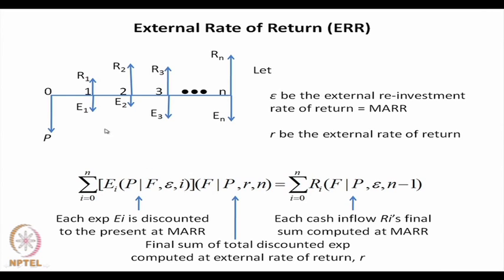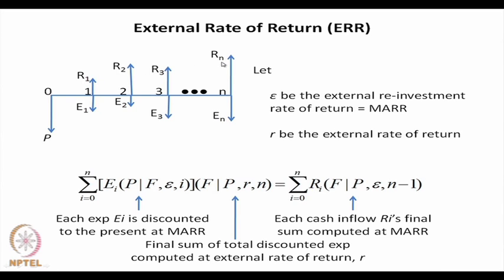Here, as before, this is the initial investment P and the expenses over the years E1 through En, and revenues over the years R1 through Rn.